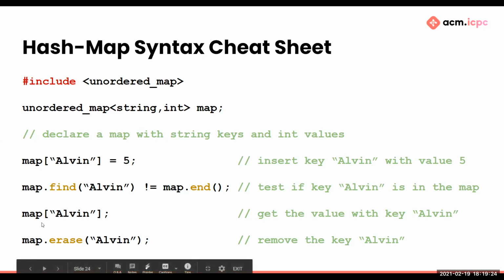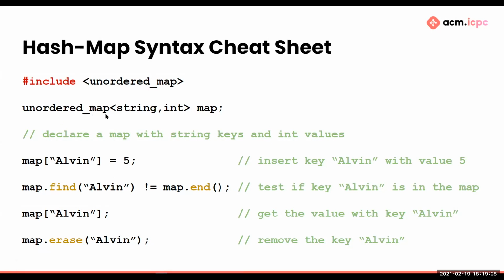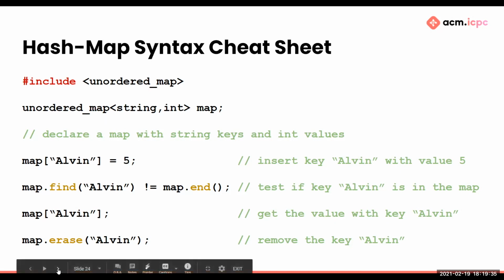Okay, so I hope you guys have had a good look at how to use hash maps. This is great and all, but how exactly do we use a hash map to create our general adjacency list?